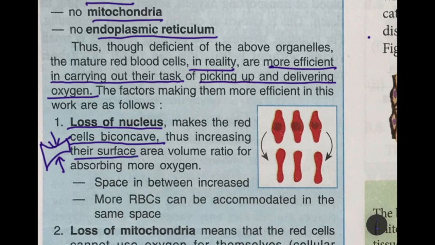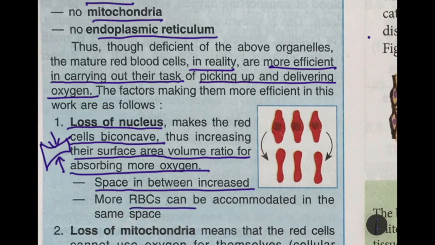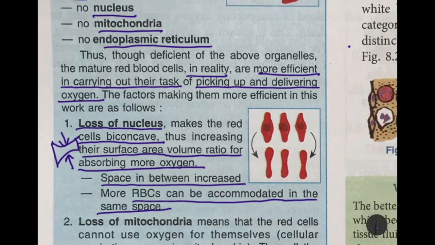Their surface area to volume ratio is increased for absorbing more oxygen. Now, the space in between is increased. That means more red blood cells can be accommodated in the same space. That means more red blood cells can cluster together in the same space.